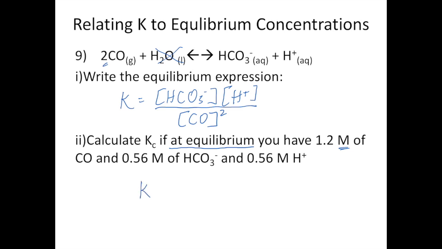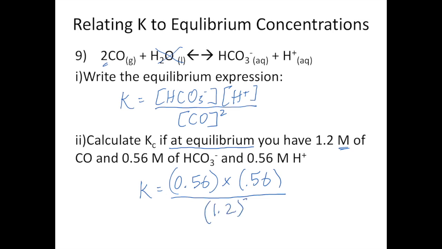We can just plug them right in. So I'm going to say K is equal to, so HCO3 is first, so 0.56. These are multiplied together, not added. I'm going to multiply that by 0.56, which is my molarity of H plus, my concentration of H plus. And then I divide by my 1.2.